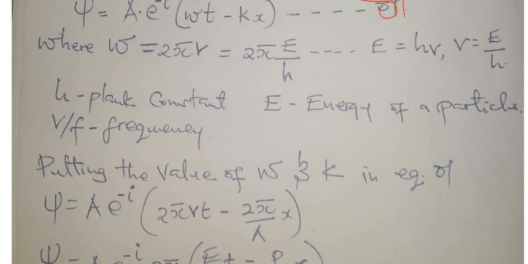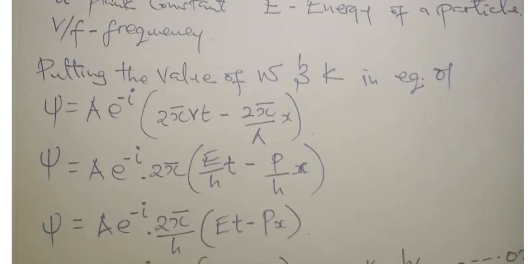Putting the values of omega and k in equation 1, we'll have psi equals A exponential of negative i into (2 pi f t minus 2 pi over lambda multiplied by x).